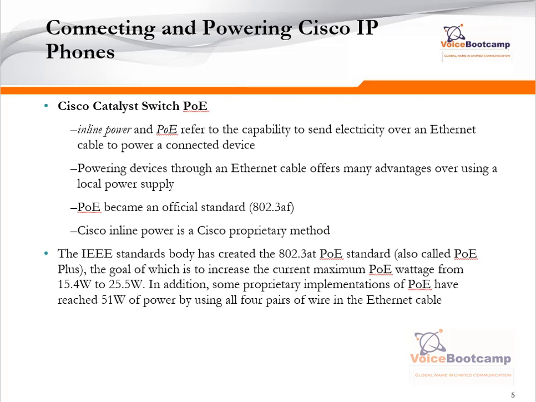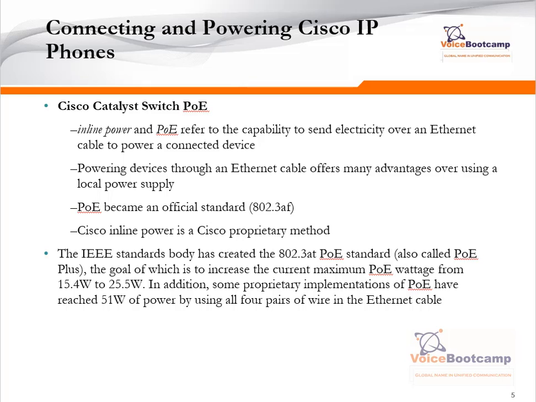Cisco Catalyst switch or PoE are special switches from Cisco system that provides inline power capability on each particular port. The PoE refers to the capability to send electricity over Ethernet capable cable to power a connected device. Now powering device through an Ethernet cable offers many advantages over using a local power supply.